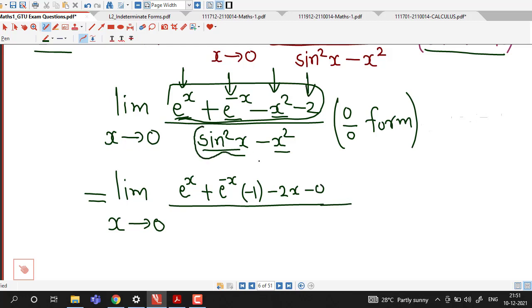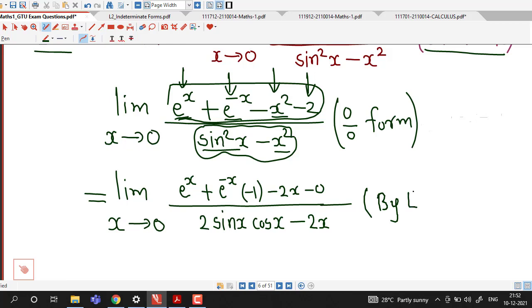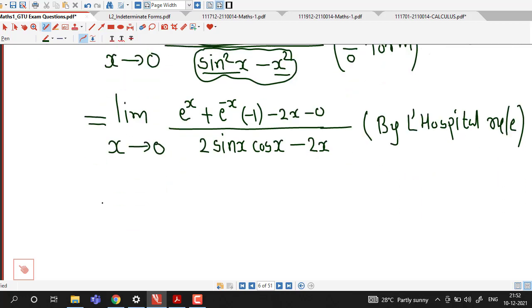And we write down the derivative of sin^2 x minus x^2 in the denominator. The derivative of sin^2 x is 2 sin x into the derivative of sin x, which is cos x, and the derivative of x^2 is 2x. So we have applied L'Hospital rule. We have differentiated numerator and denominator separately, and we obtain this limit.